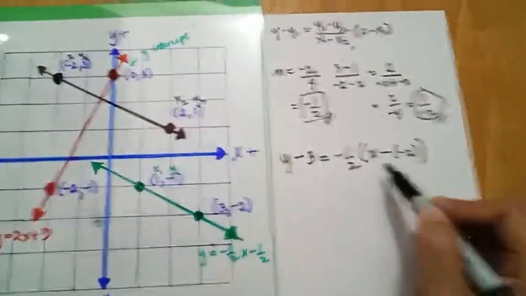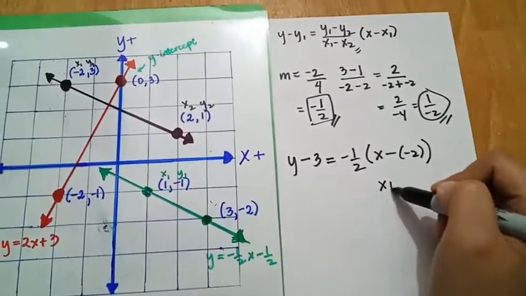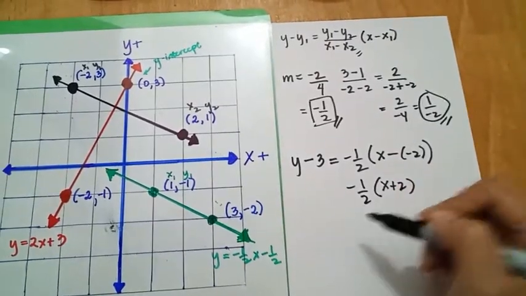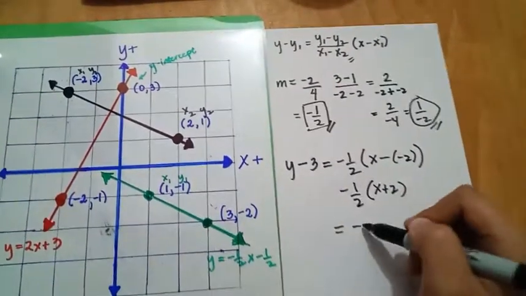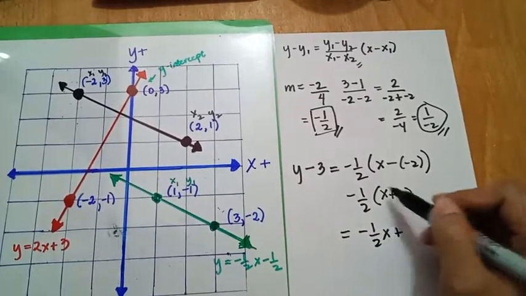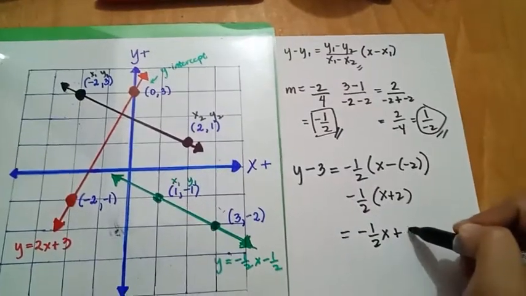Solving the innermost parenthesis, we have x minus -2, which is equal to x plus 2. Then we will multiply it by -1/2, so the result is -1/2 x plus -1 times 2 is -2 divided by 2 is -1.